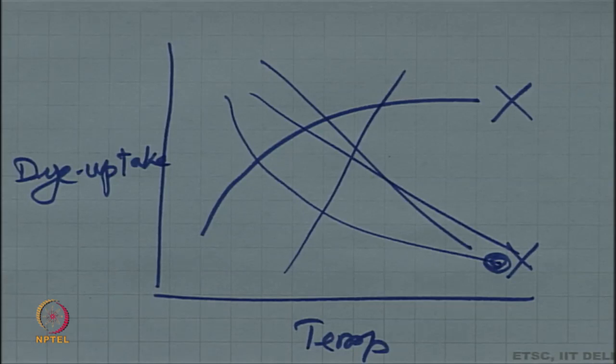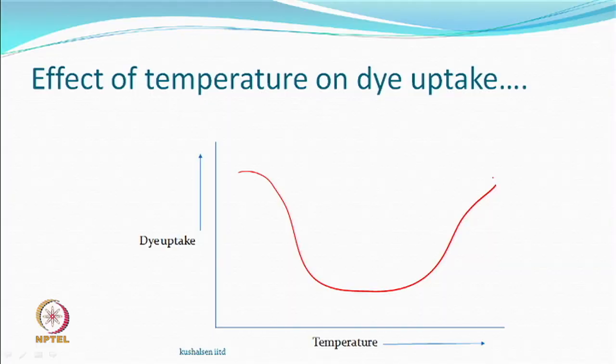What people see is a curve like this, where the dye uptake is decreasing, because crystallinity is increasing. So, dye uptake is going down. Then there is a region where nothing is changing, more or less, and depending on the curve this can change a bit in width, and then it starts increasing.